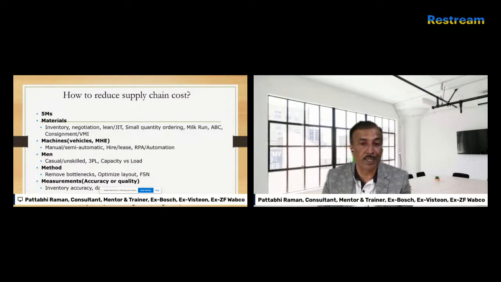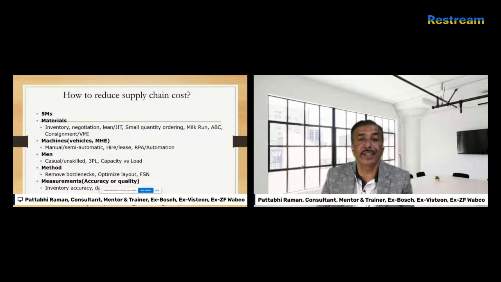That is the first M. The second one is machines, especially in supply chain. We use vehicles, whether for material handling inside the plant, for example a forklift or overhead crane, or a lot of pallet trucks and other things inside the warehouse, or outside you may use vehicles for transportation, either your own fleet or obtained through hire or lease.